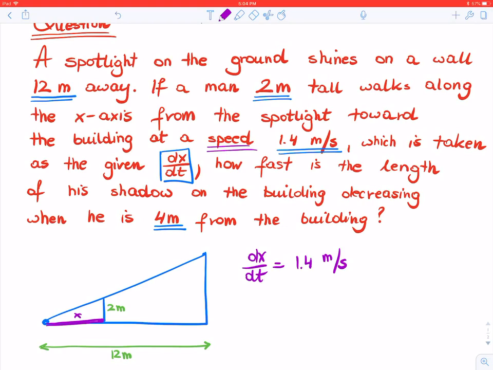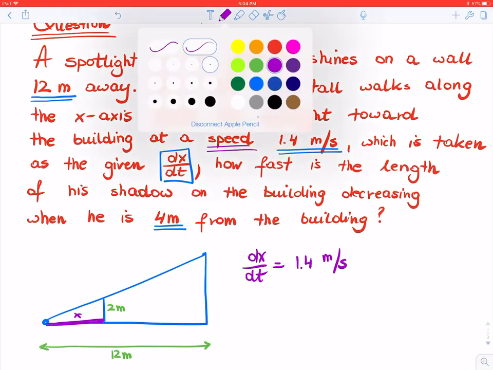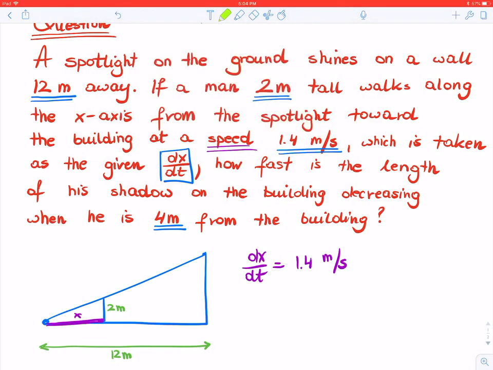Which means if the purple part is x, then the remaining part, that bright yellow, will be 12 minus x, because from the entire distance of 12, I'm subtracting the purple x.